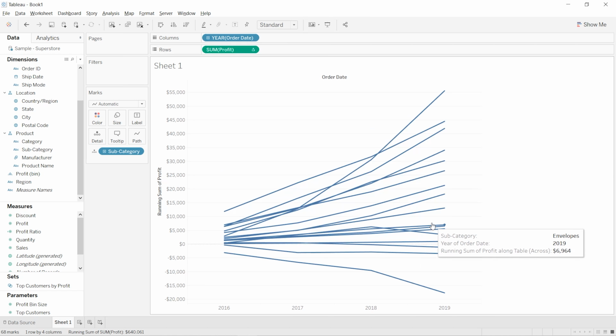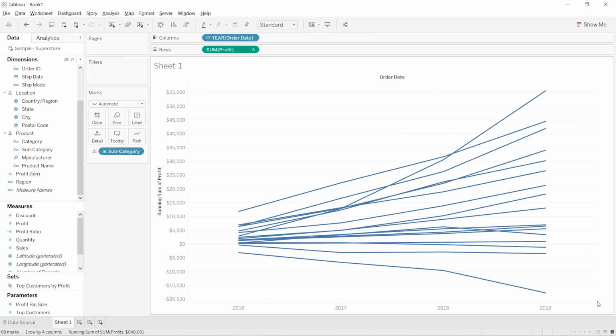Now it will show you all the different lines going in the upward direction. But the question here is, what does it mean? Let me explain these things one by one. For instance, let's take this line. It says that in 2016, the profits were 11,808.